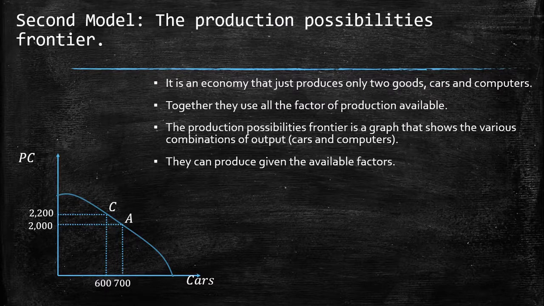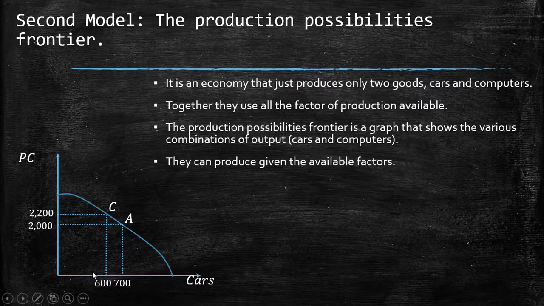2200 personal computers. What is interesting to see here is that we can grasp the opportunity cost of cars. Why? Because in this case we have 700 cars with 2000 personal computers.